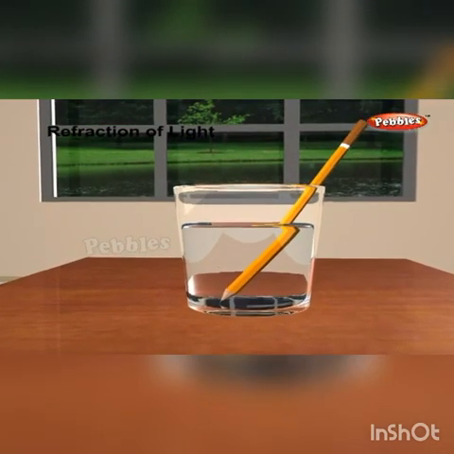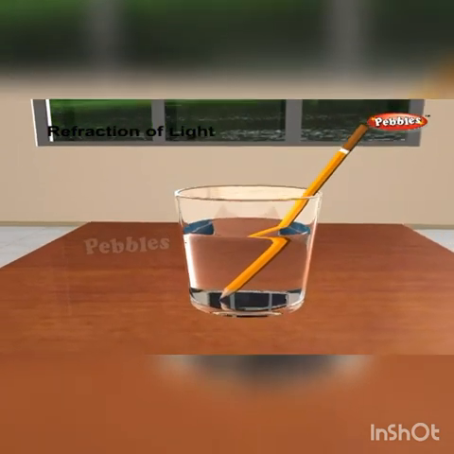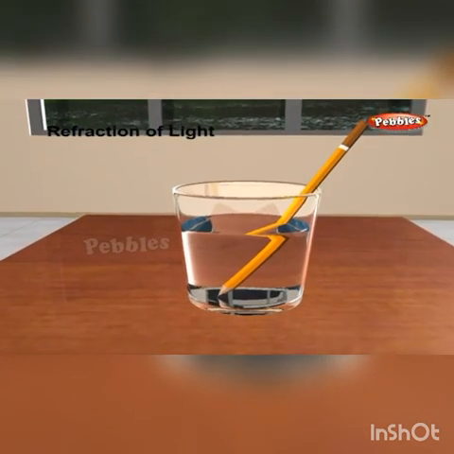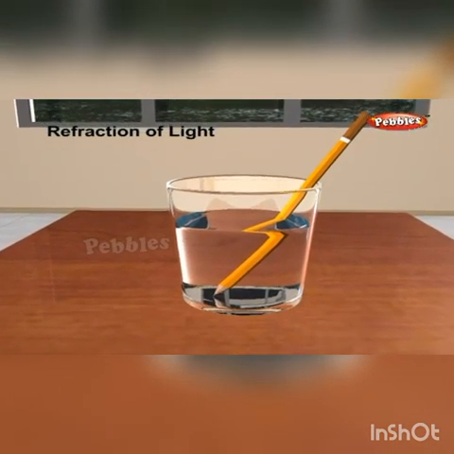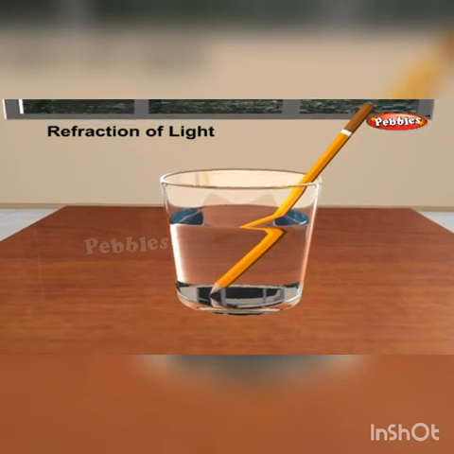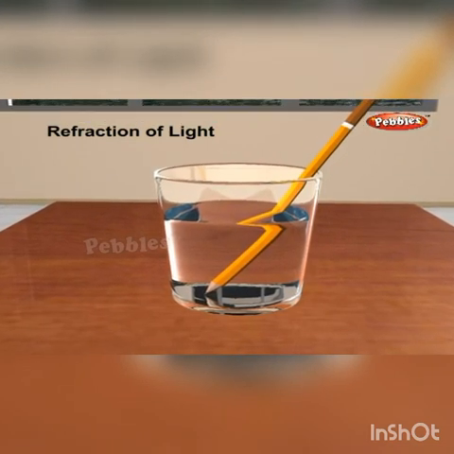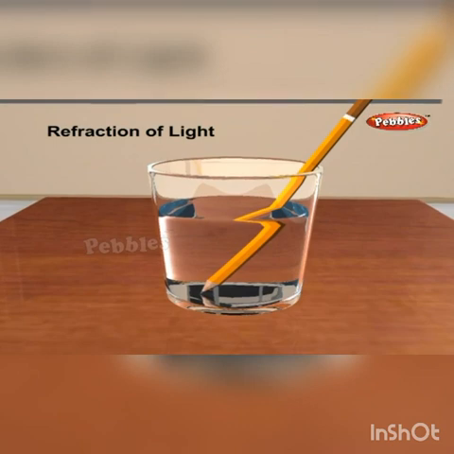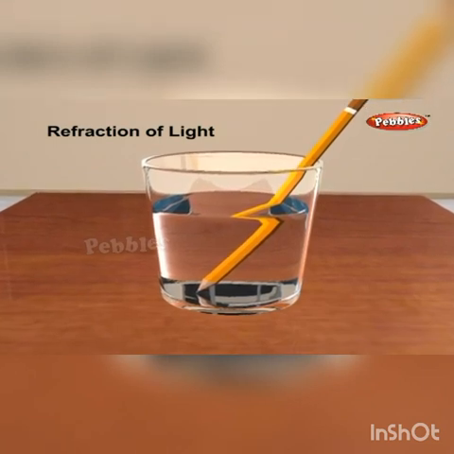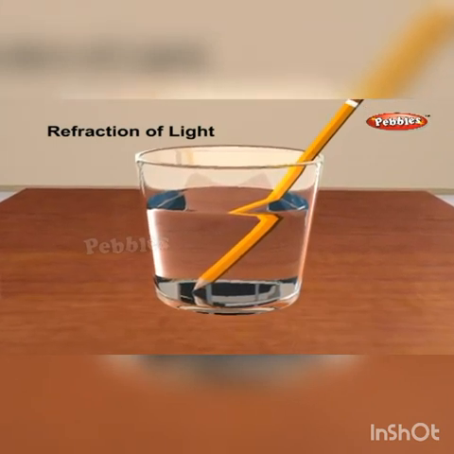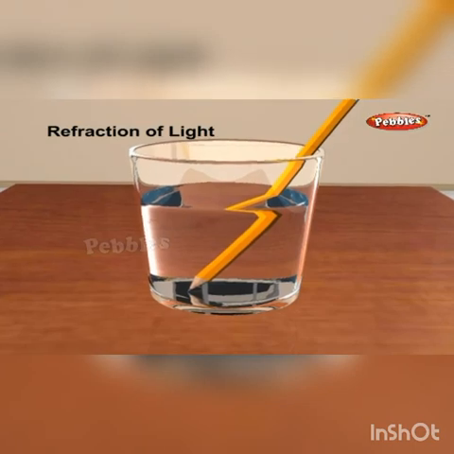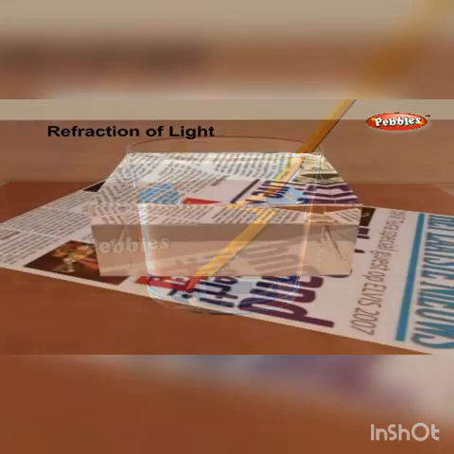Let us consider the case of the apparent displacement of a pencil partly immersed in water. The light reaching you from the portion of the pencil inside water seems to come from a different direction compared to the part above water. This makes the pencil appear to be displaced at the interface.